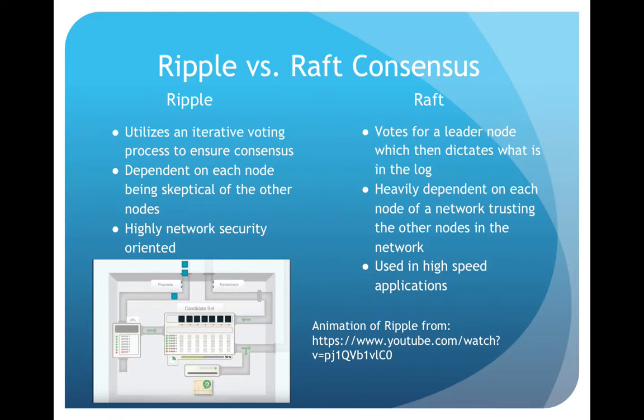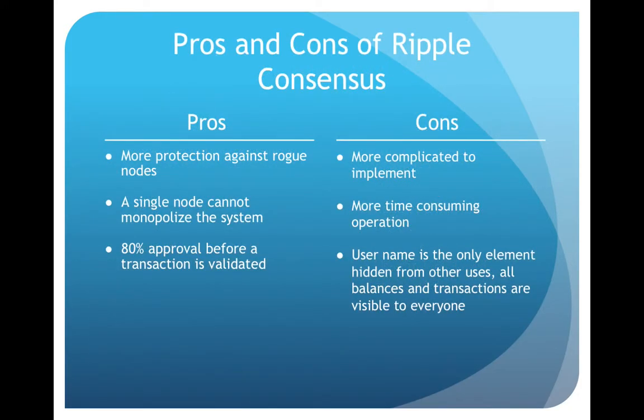This major difference begins to show how these two algorithms can be applied to very different distributed networks. The major benefit of the Raft algorithm is in its simplicity of implementation compared to Ripple. However, Ripple is more resilient to rogue nodes and attempts at disrupting the network's operation.